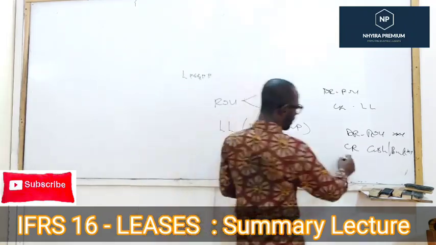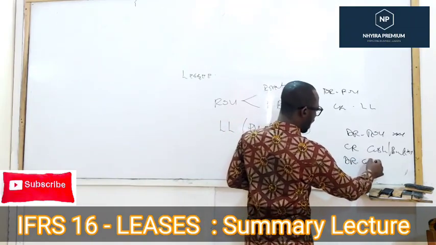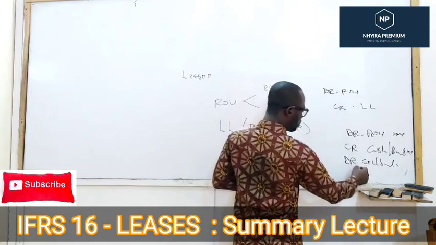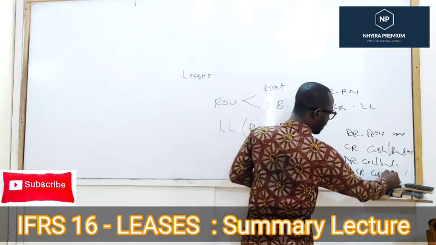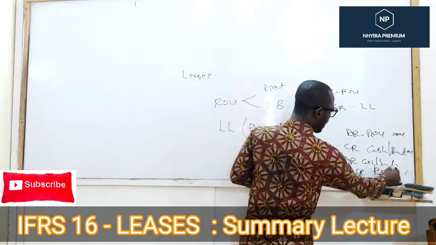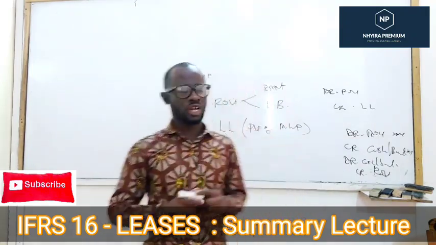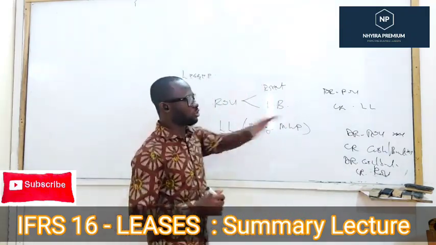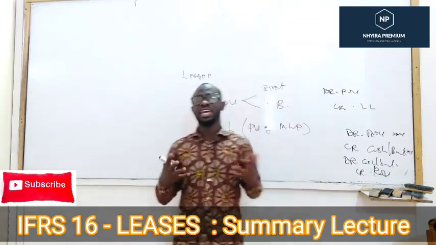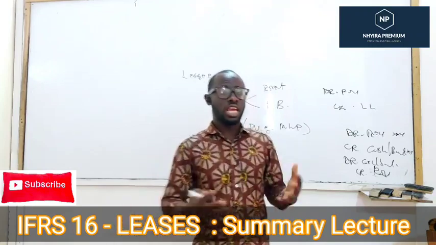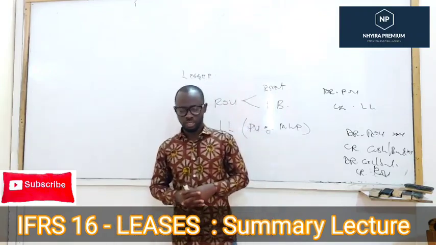It means we're receiving cash, so we're going to be debiting our cash or bank account with the $5,000, and then we will reduce the right of use amount with the cash that we've received. I believe you're getting the principle. So these are some of the fundamental things in relation to that. This is what is referred to as the initial recognition in relation to IFRS 16.